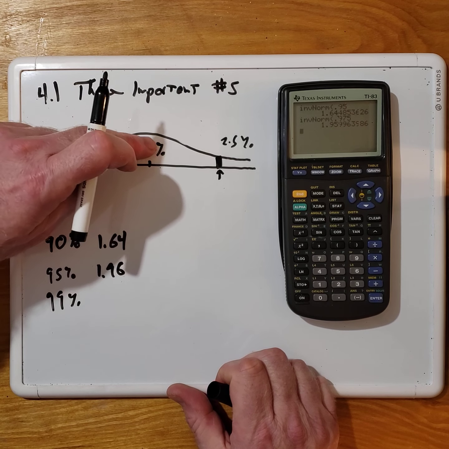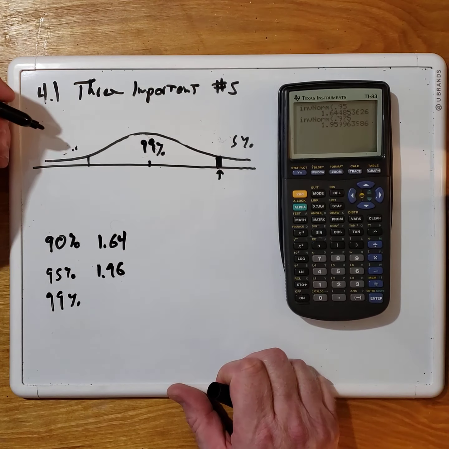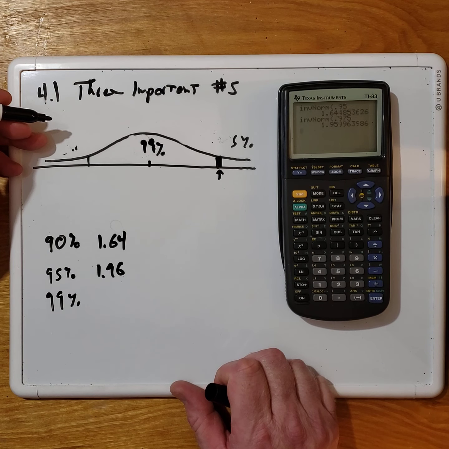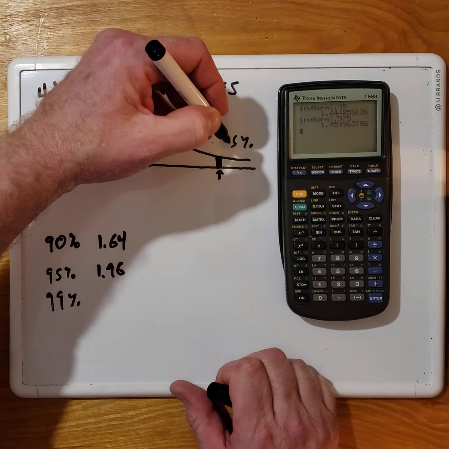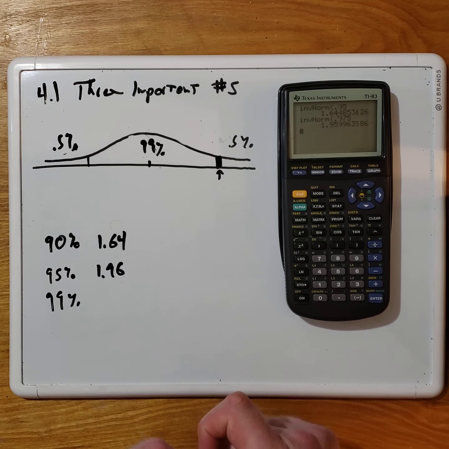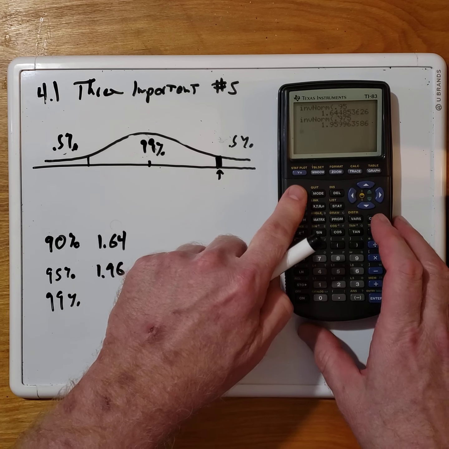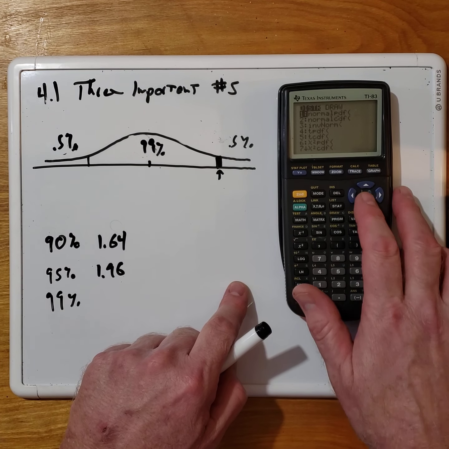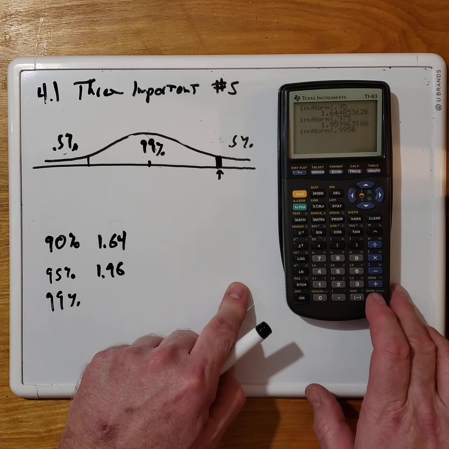One more to go. If we want to catch the middle 99%, well, that leaves 1% outside, which means 0.5% at the bottom and 0.5% at the top, which makes this the 99.5 percentile. So inverse norm, 0.995.